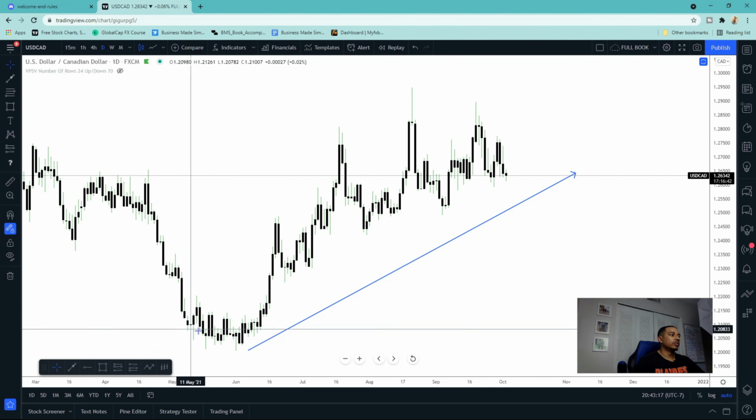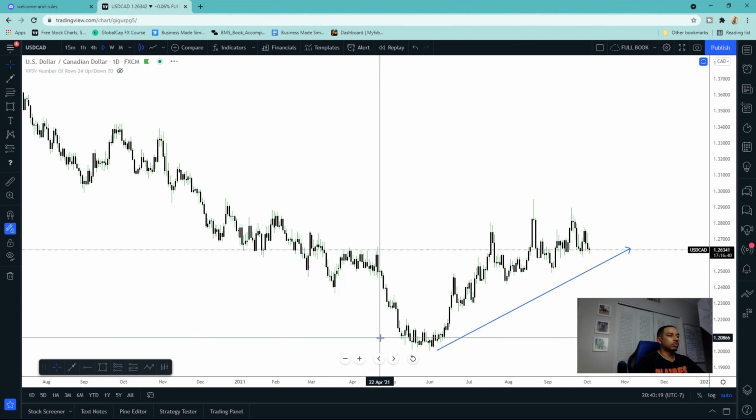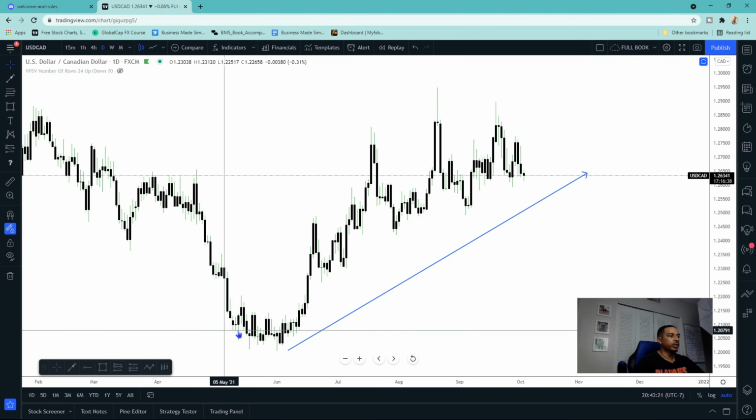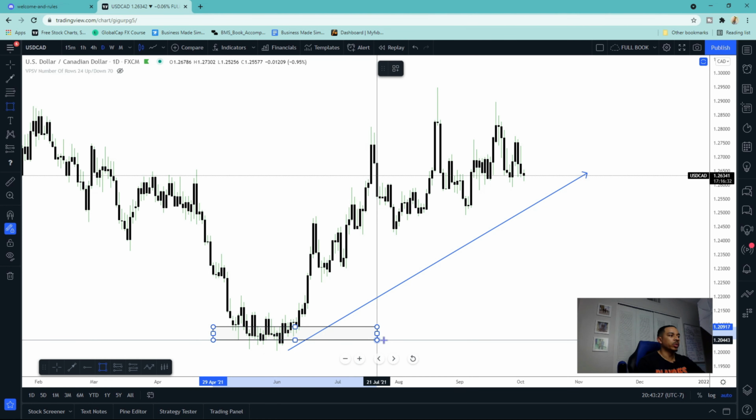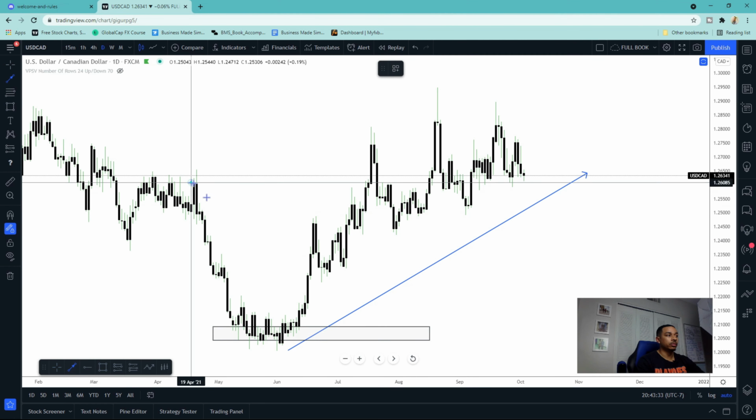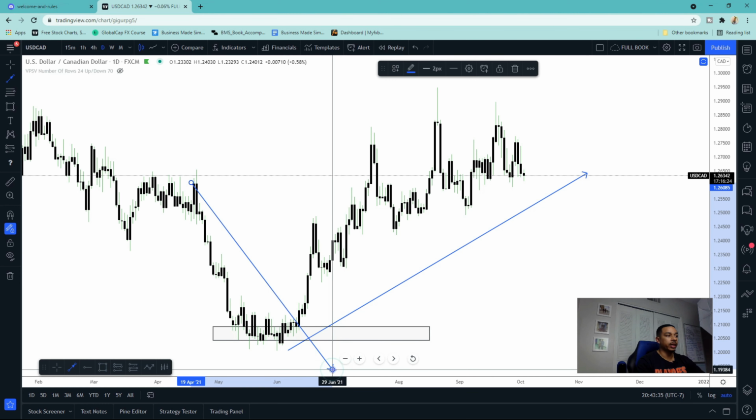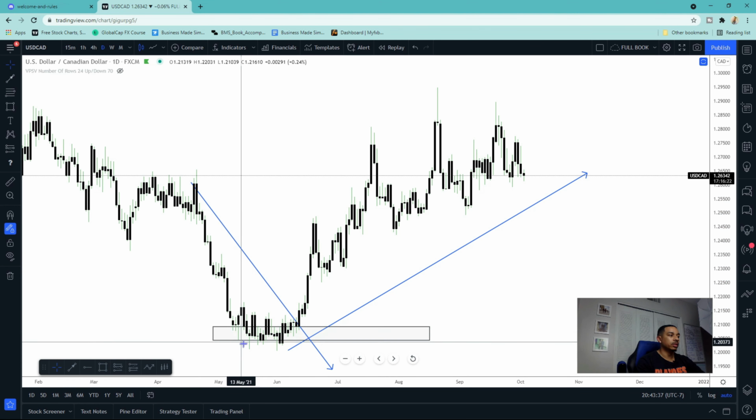You have your supply, your demand zone right here. There's a lot of floating trades where people were thinking that it would continue going on the downside. There were traders that were thinking that this was just going to continue down, and it just continued to float. A lot of spikes and wick rejections here in this area, and then price gradually decided to ascend back up.